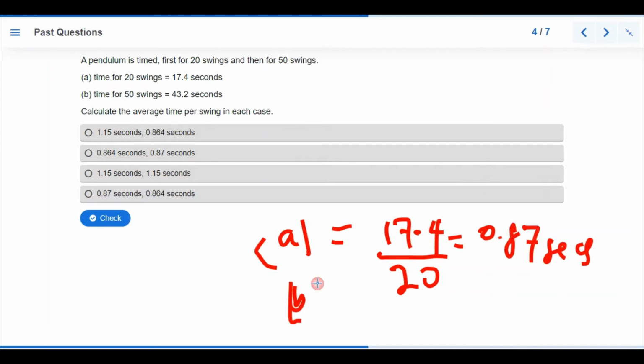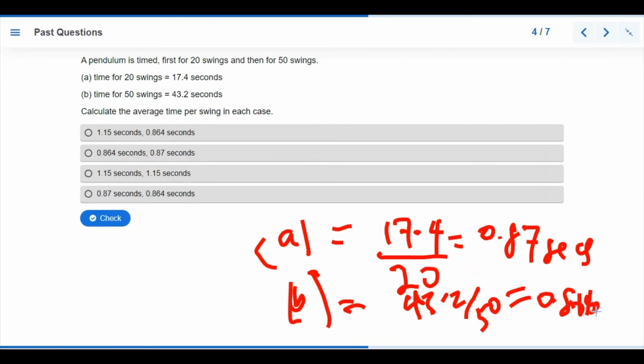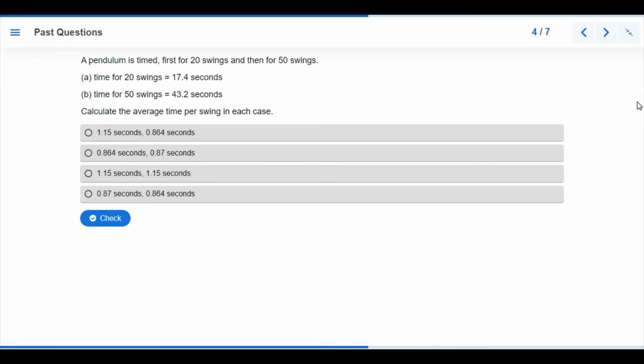And for B, we have 43.2 divided by 50. That gives 0.864 seconds. So let's check.